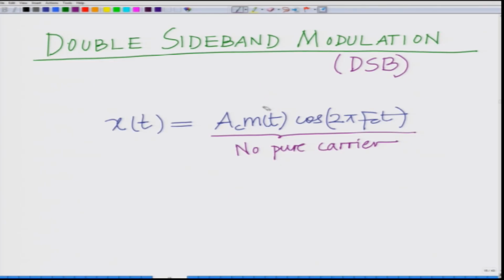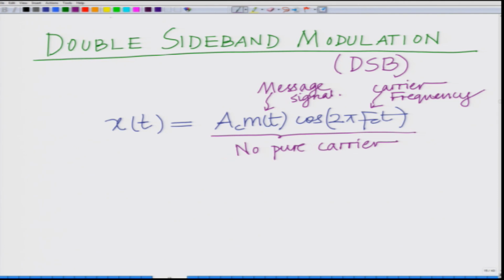Okay. So, m(t) is your message signal, and this f_c, as we have already seen many times before, this is the carrier frequency. Okay.